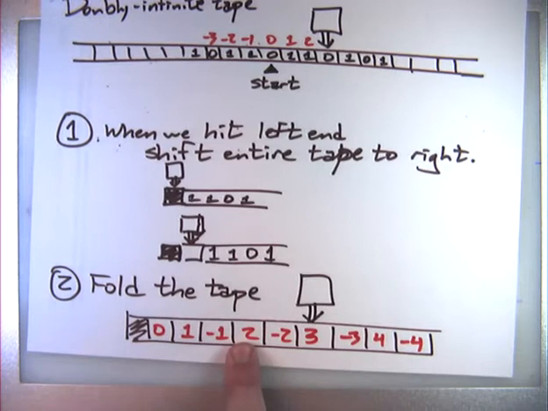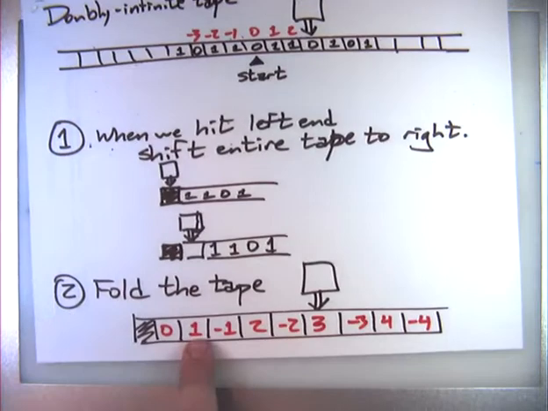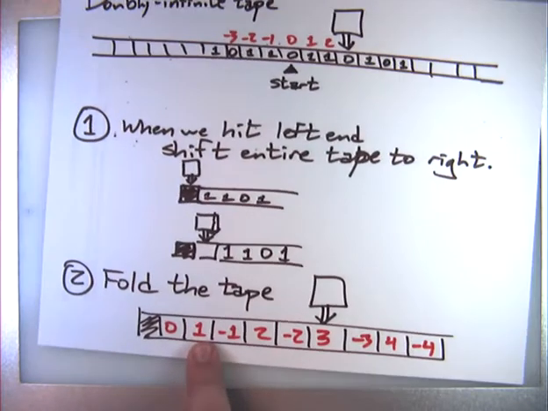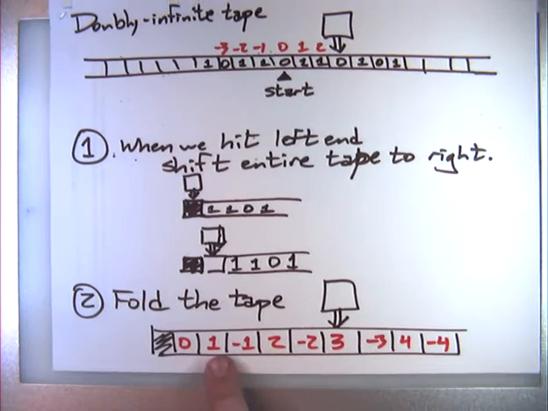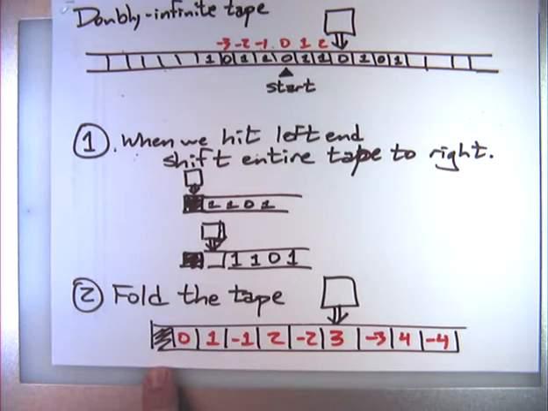Now, I have to be a little bit careful because when I'm in state 1, when I'm at index 1 and I want to move to the left, I go into my fugue and I move 2 steps to the left, and then I end up on a black square. So at this point I need the inception button. I go into the second fugue state where I say, oops, I flipped over to the other side of the tape.